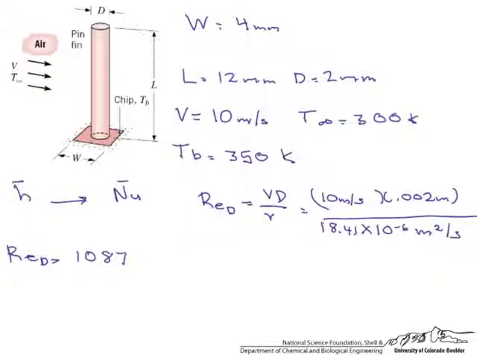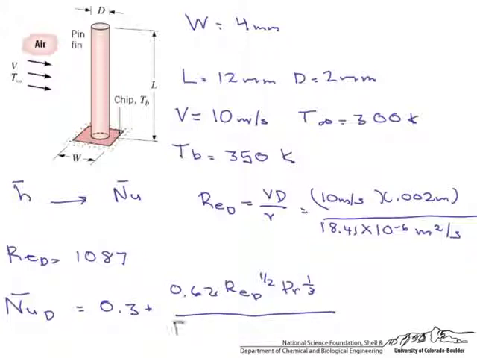Now there are a number of different correlations that you can use. Again, this is a cylinder in cross flow, but the best one to use is the Churchill-Bernstein correlation. So that's 0.3 plus 0.62 Reynolds to the 1/2, Prandtl to the 1/3, there's that Prandtl number in there, divided by 1 plus 0.4 divided by the Prandtl number to the 2/3, all of this to the 1/4.